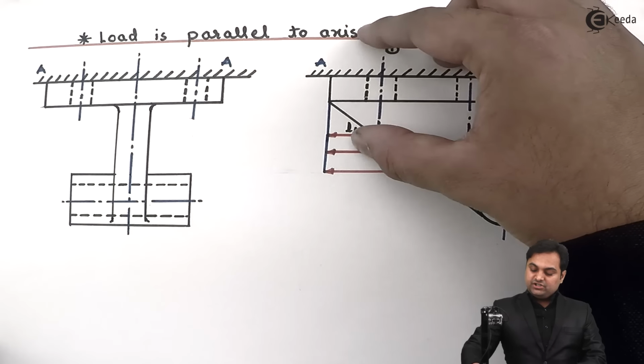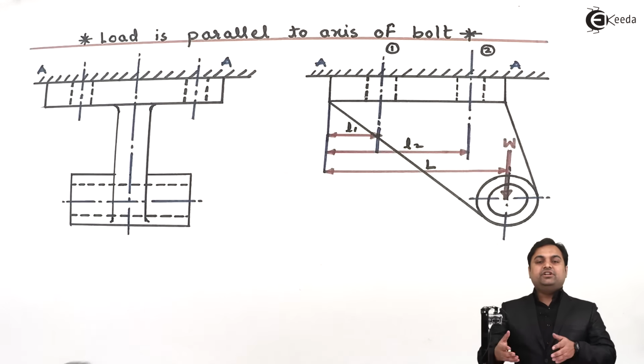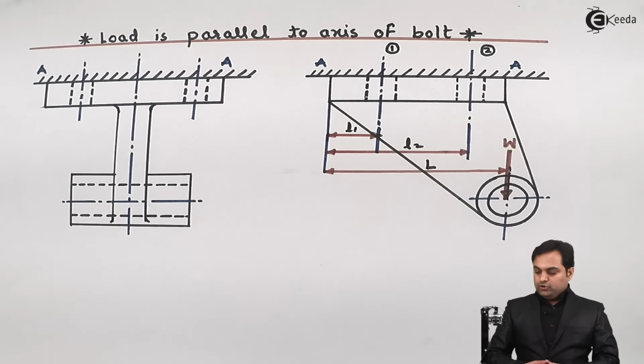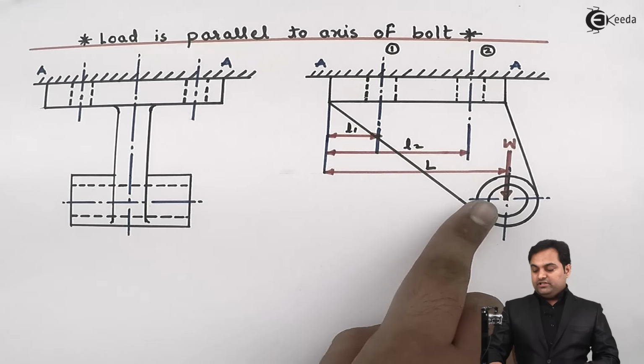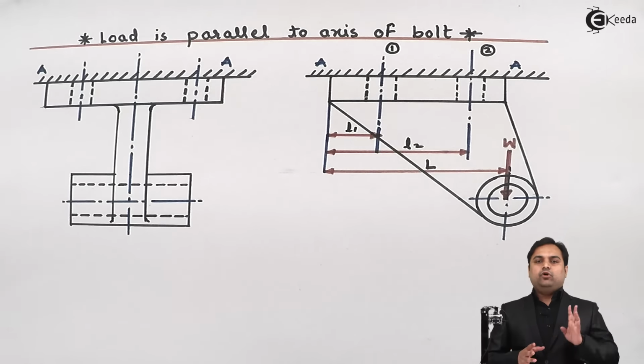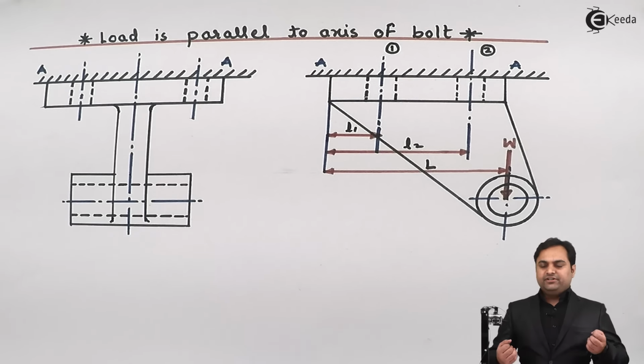They can stretch, that is, they are in tension, and then they would be failing. So once the load is acting, the primary effect is that this load would be shared equally by all the 4 bolts, and all of them would be stretched and failing under tension.